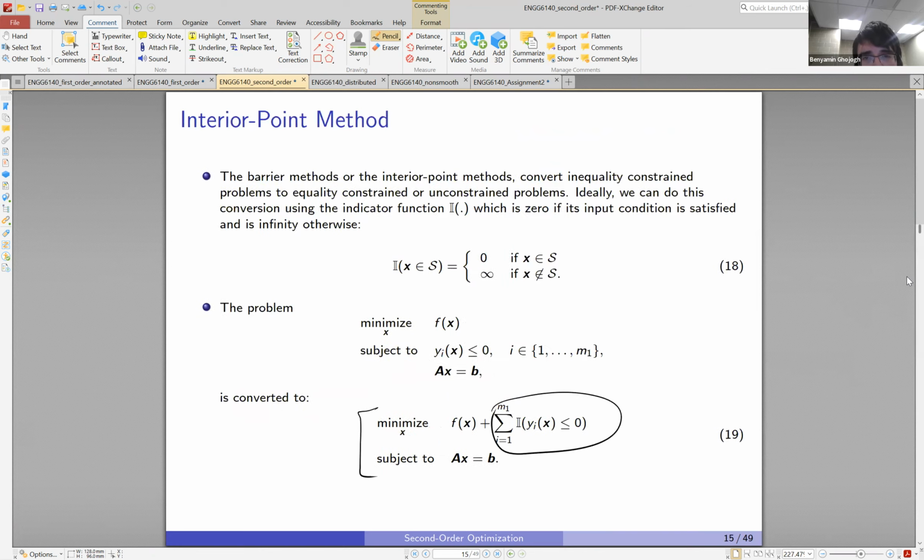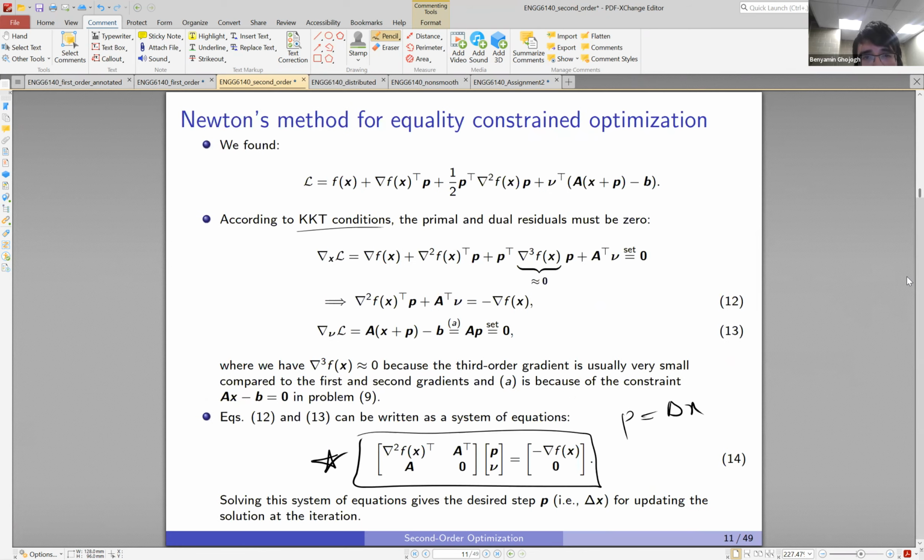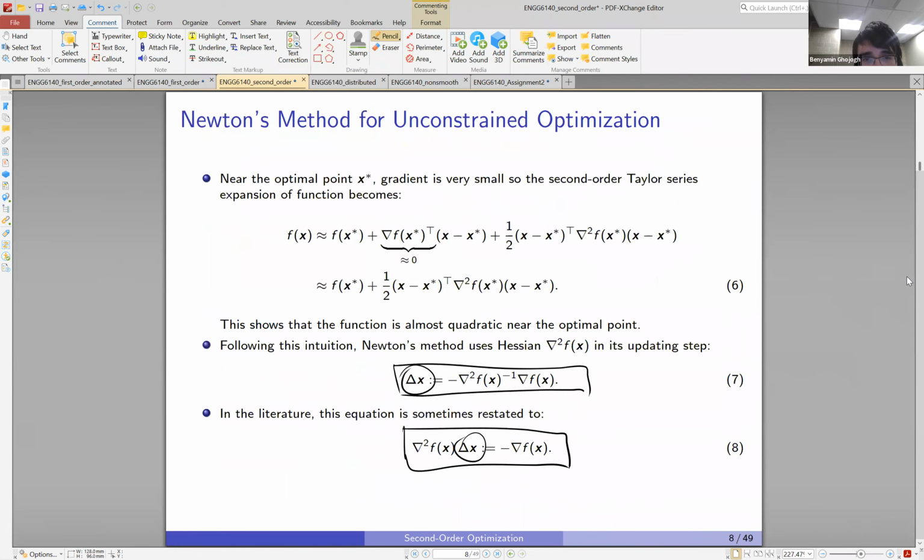The inverse of the Hessian. Where was that? Let me bring it. Here, for example, we have the inverse of the Hessian, right? But if you multiply both sides by the Hessian, then you will have this. You can rewrite it in this way, doesn't matter.